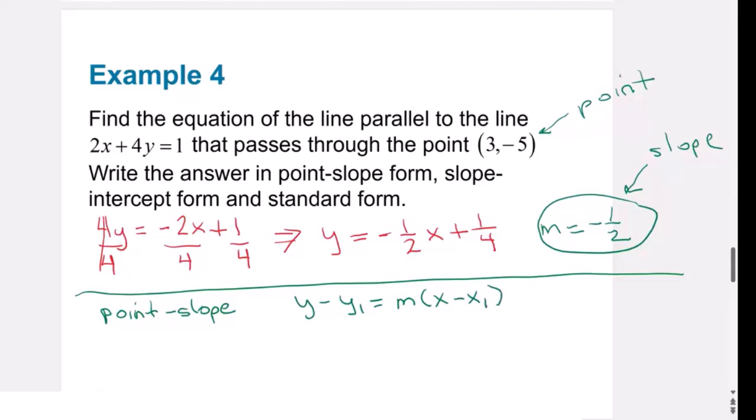And I know y1 because it's right here. This is the point that we're talking about. So I have y minus 5, which is really the same as plus 5, equals, and since it's supposed to be parallel, we use the same slope. And we have x minus x1, which is 3. So now I've done first point slope.